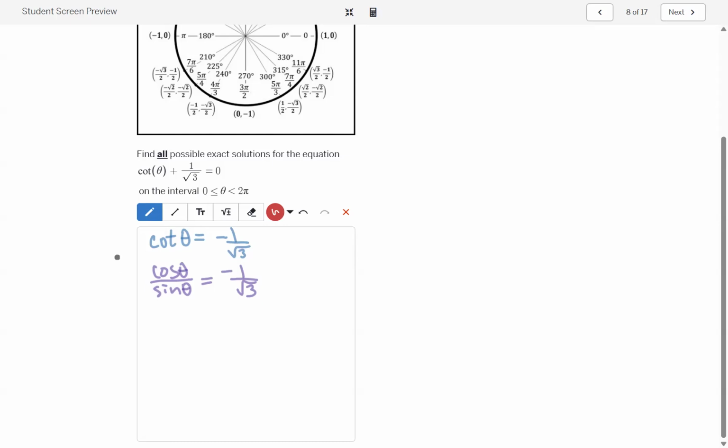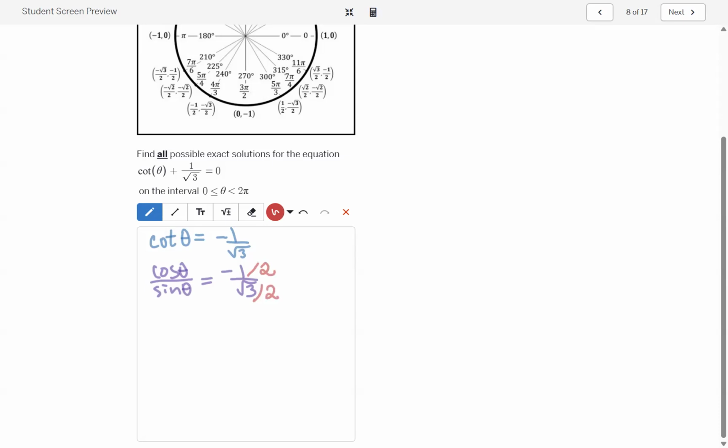Remember, whenever we divide a cosine over a sine or a sine over a cosine, and we're pulling those values off the unit circle, the over 2 that shows up in all those answers cancels out. So I'm going to put the over 2 back into this weird fraction here.